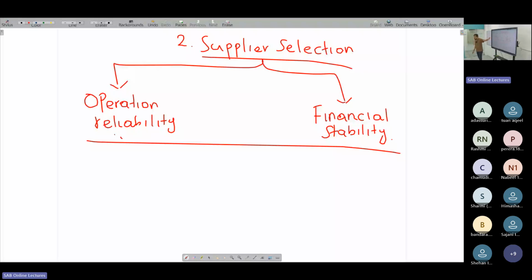If you interpret these two things, we have 4 sub-considerations. Operational reliability and financial stability can be interpreted into 4 considerations.